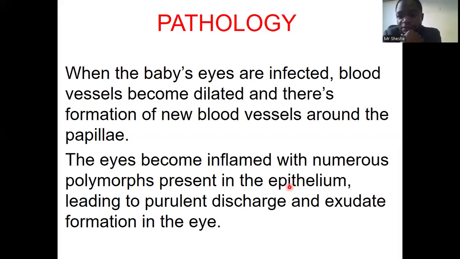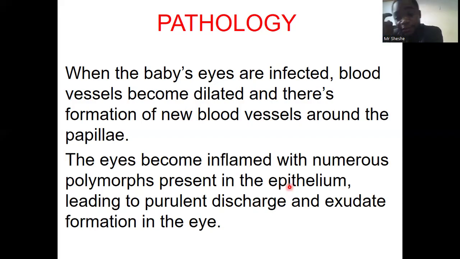The conjunctiva is epithelial tissue that covers the eye as well as the inner lining of the eyelid. It is a simple columnar epithelium and is transparent. And when the eyes are contaminated with those agents that we talked about, E. coli, chlamydia, pseudomonas, what follows next?